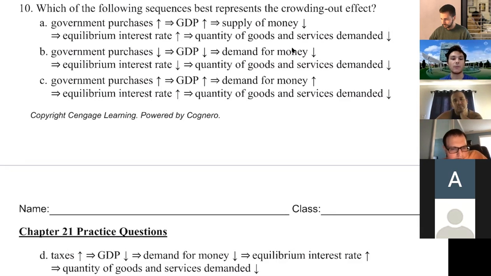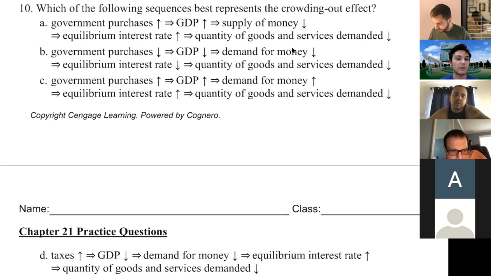When you have an increase in GDP, people are going to want to buy more goods and services. That's going to increase the demand for money. When this demand for money increases, which I think Alex is going to have a graph showing, the money demand curve is going to shift up. And when that money demand curve shifts up and you don't have any change in your money supply, your interest rate is going to increase.